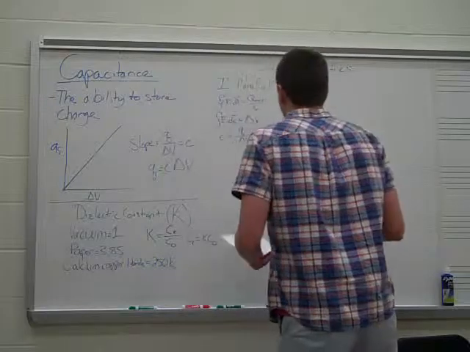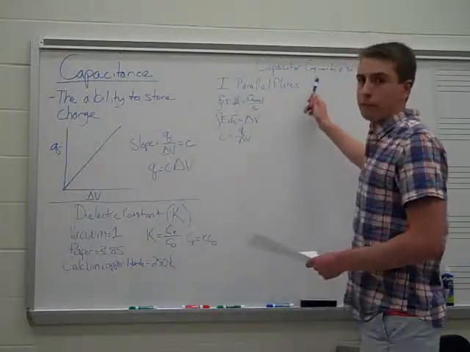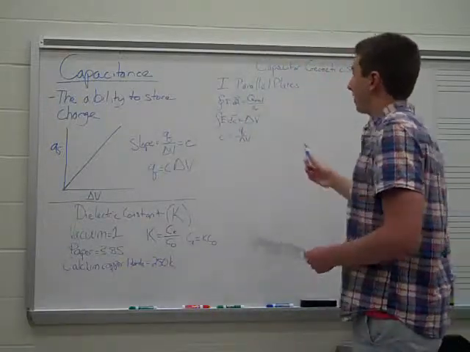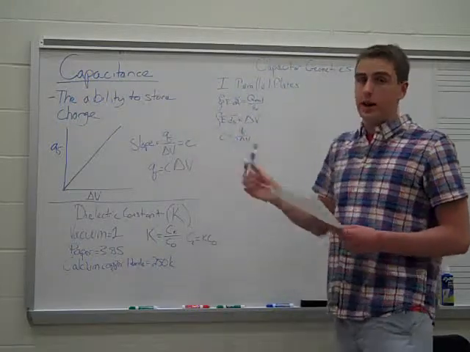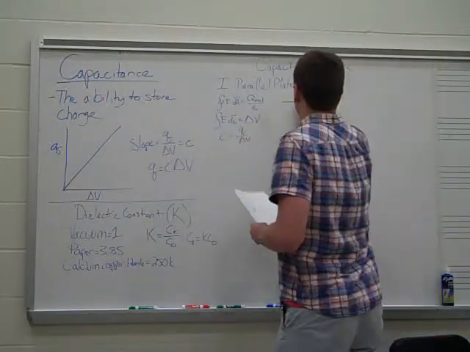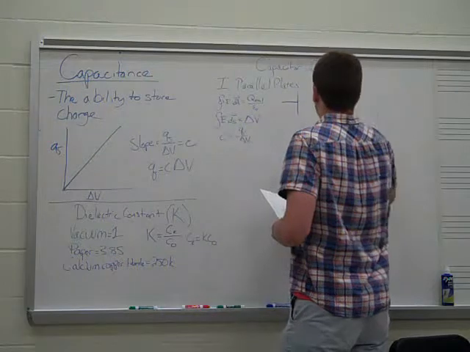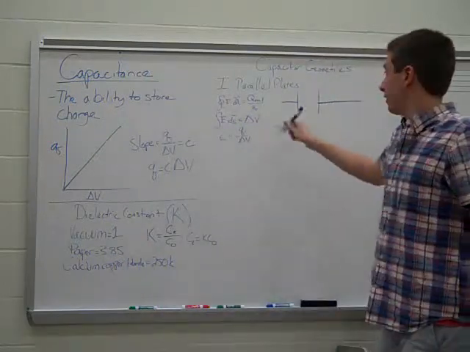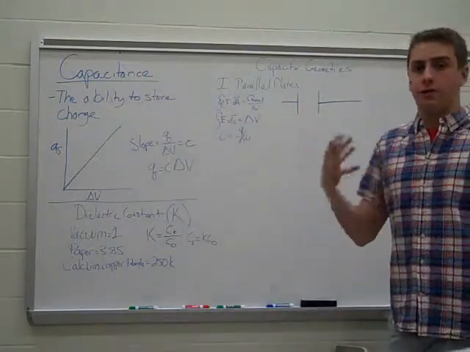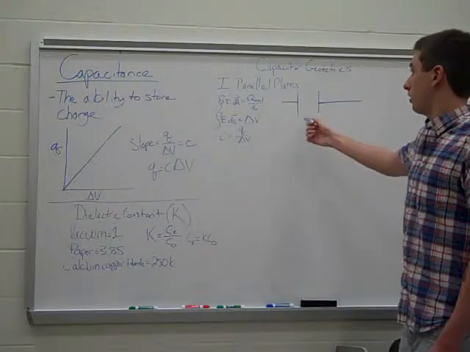First of all, I'm going to talk about different capacitor geometries. The most common of which is the parallel plate capacitor. Now, this is how it looks and is generally represented, and you'll see capacitors in circuit diagrams drawn like that.